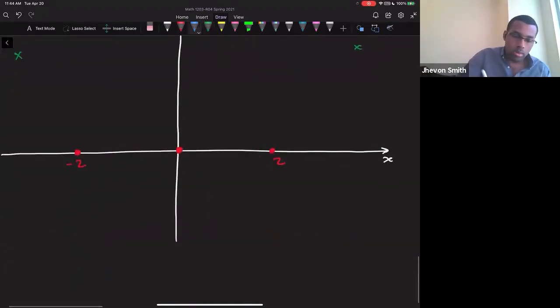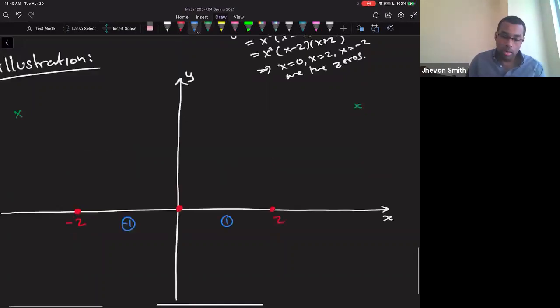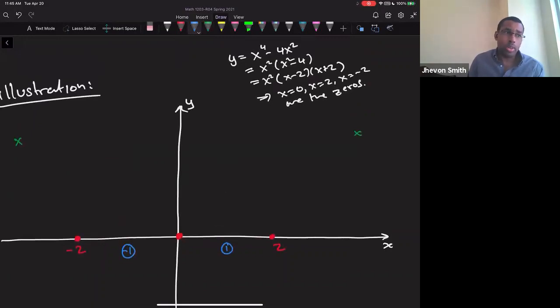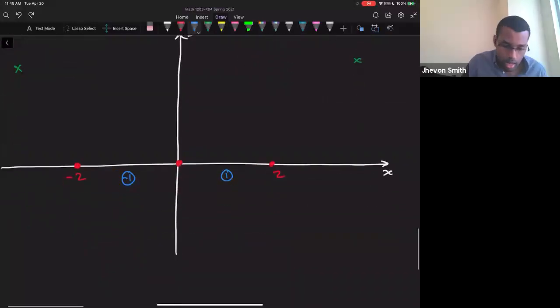In between, I would test some random numbers, say minus 1 and 1. I can plug into the factored form, which is probably easier in general. Notice that the x squared is always positive, so we really have to check the signs of x minus 2 times x plus 2. If I plug in minus 1, I get minus 3 times positive 1, a negative. So the graph should be down here.